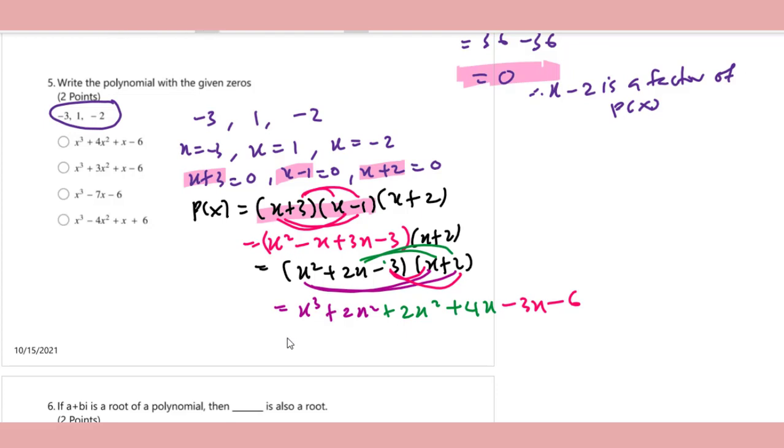Simplify. X cubed plus 4x squared plus x minus 6. So the answer is only this one. Settled for number 5.